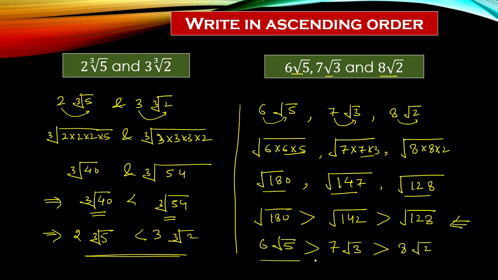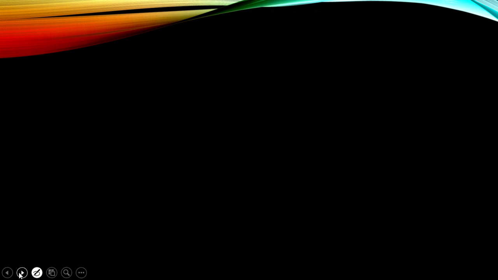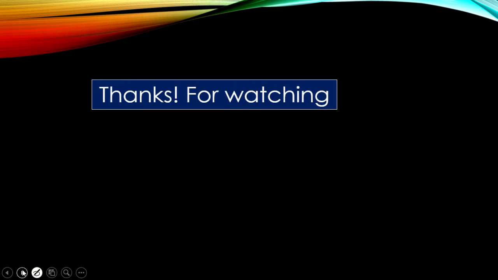So finally we can compare the numbers: 6 times root 5 is greater than 7 times root 3, and it is greater than 8 times root 2. If we can compare the numbers in this step, then the main numbers can be compared. So this is the way that we can compare irrational numbers when their indices are the same. Thanks for watching the video.